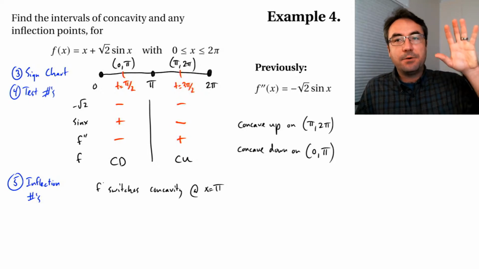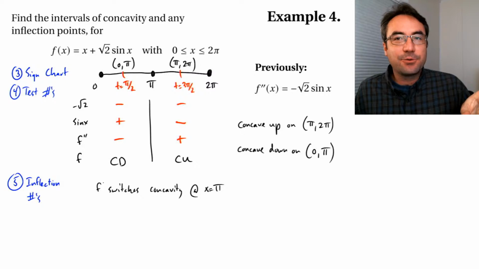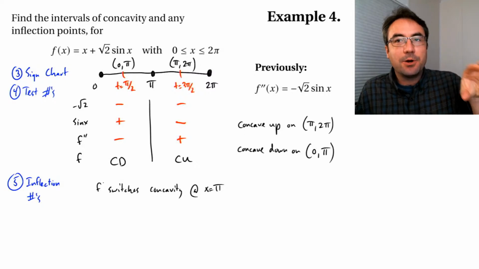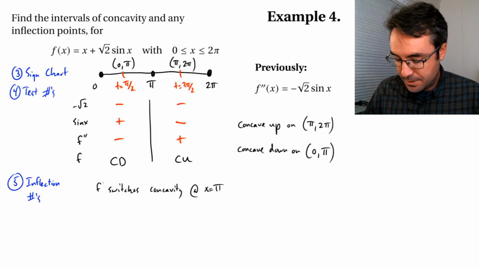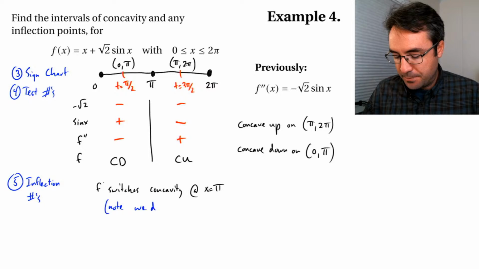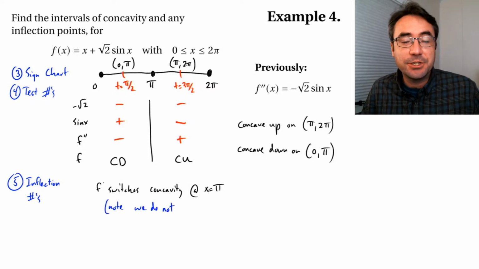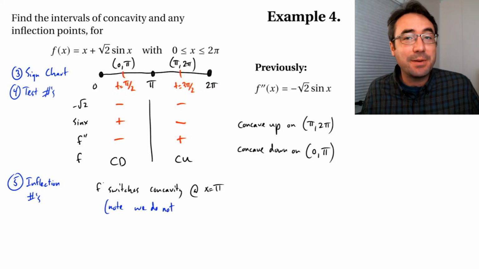So even though we found our second derivative was 0 at x equals 0 and x equals 2 pi, we do not have a change in concavity at those points because they're endpoints.